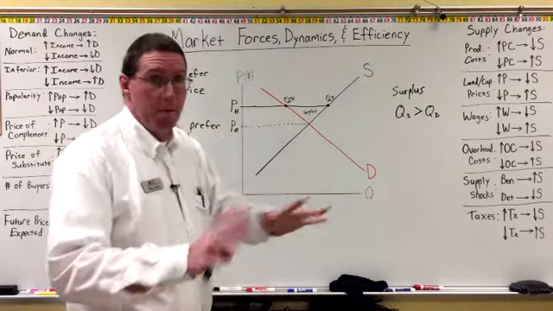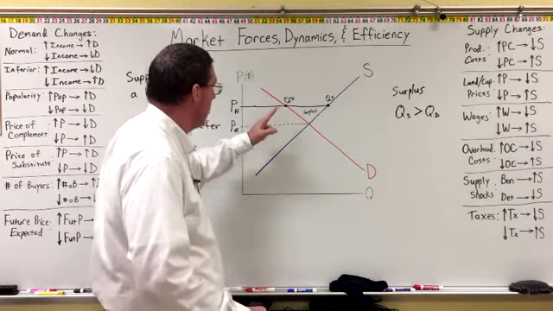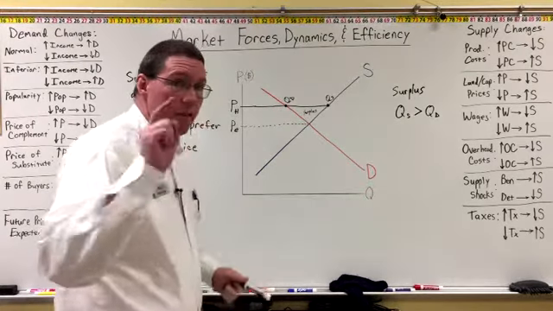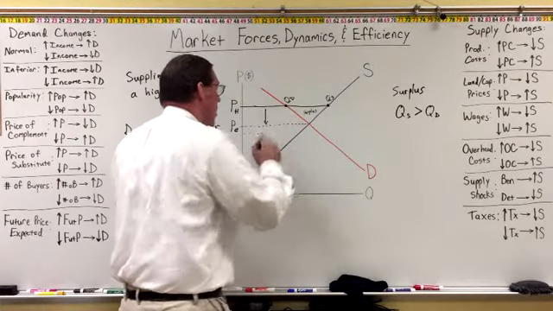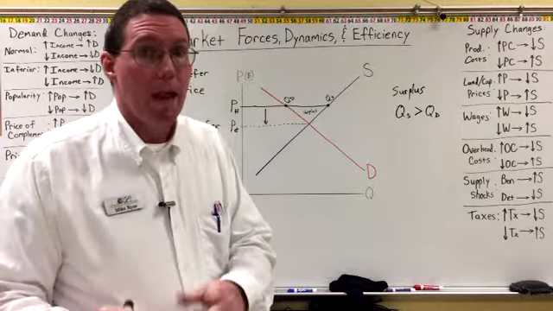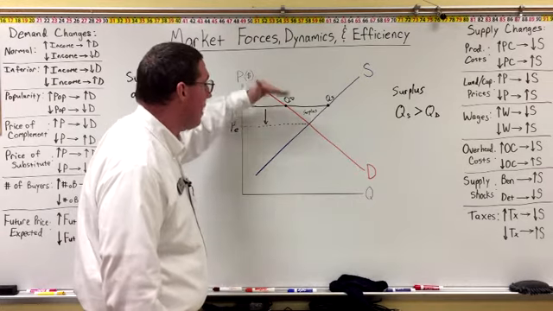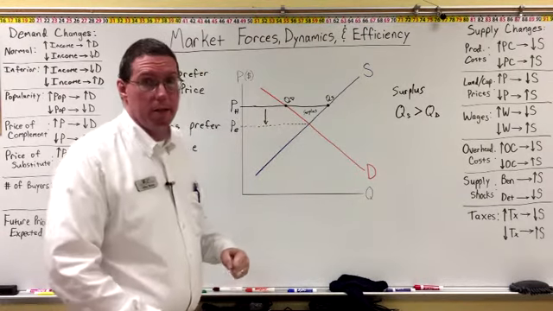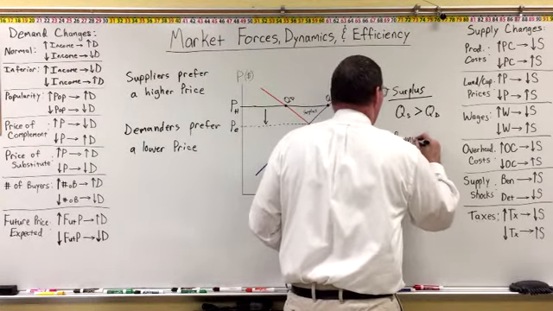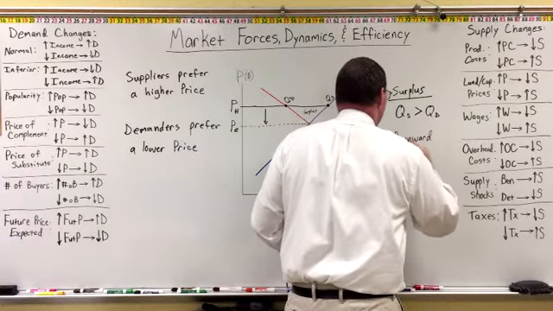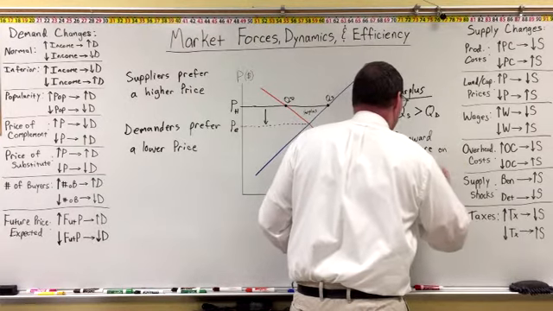The demanders are a force in the market, telling the suppliers, if you want to sell more to us, you're going to need to decrease the price, and then we'll buy more. That's why when the price is higher than the equilibrium price, there is downward pressure in the market. In the situation of a surplus, there will be downward pressure on the price.